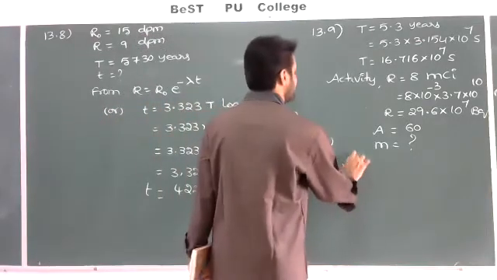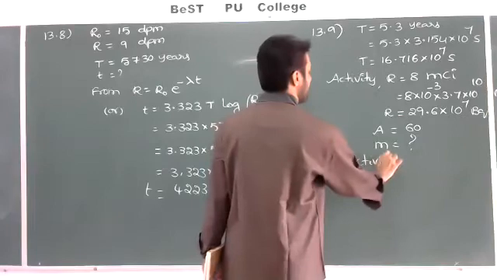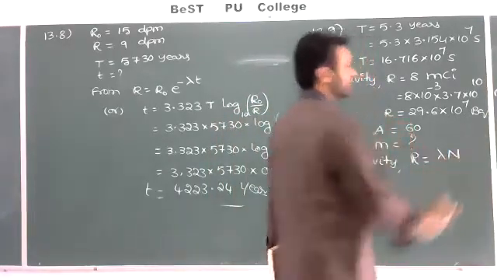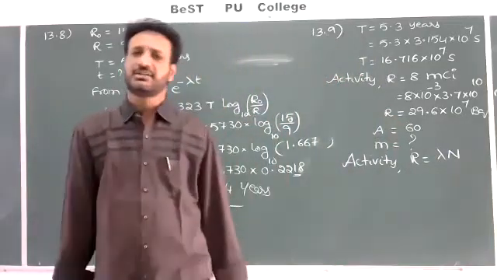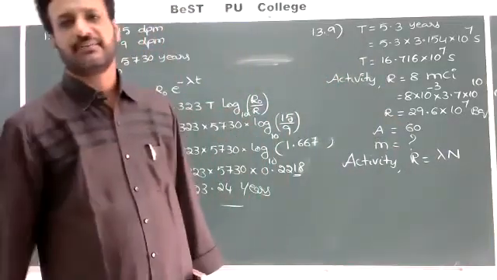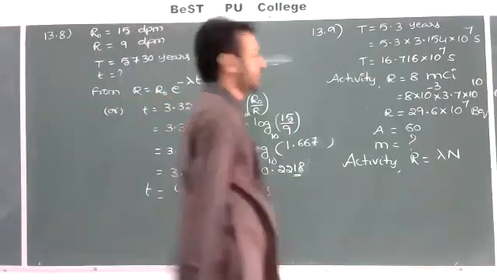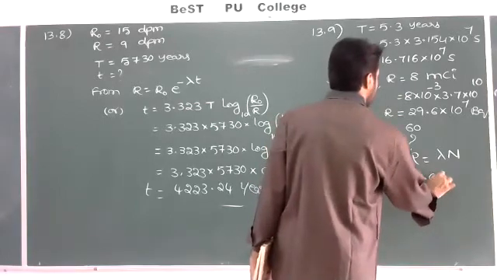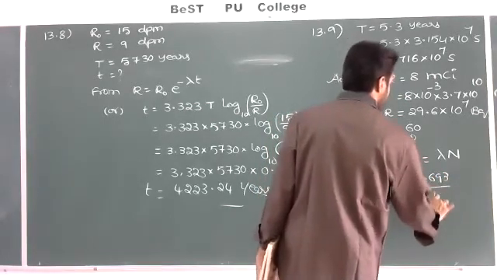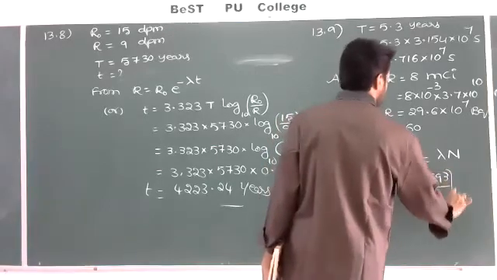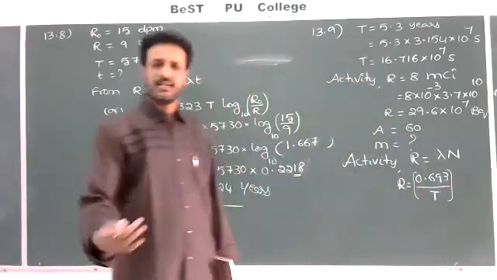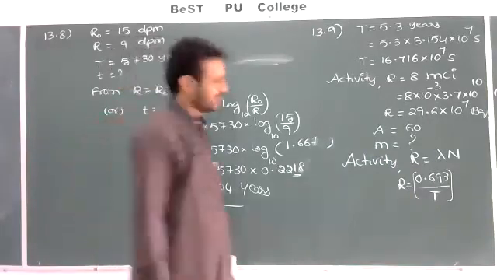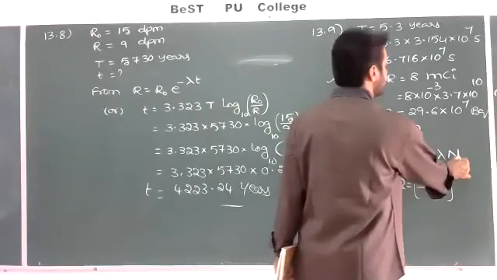So from the activity formula, the activity of a radioactive sample R is equal to lambda into N. The rate of disintegration is called activity, and the formula you should write is lambda into N. But we know the lambda formula: half-life T is equal to 0.693 by lambda, or lambda is equal to 0.693 by capital T. Same way, how to find the number of atoms in a sample?